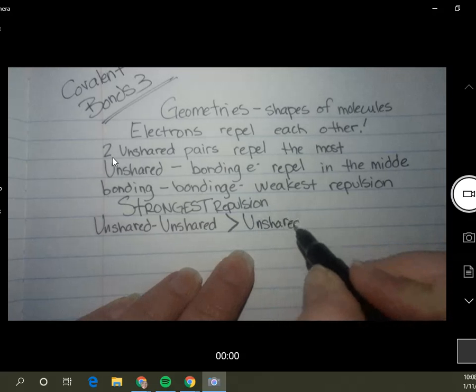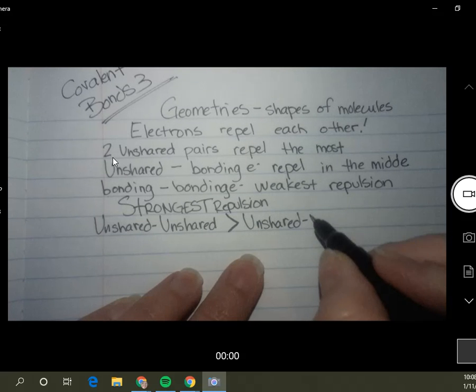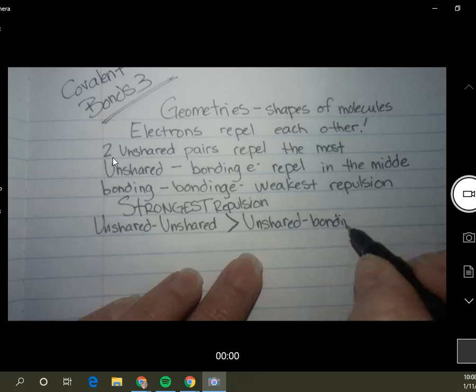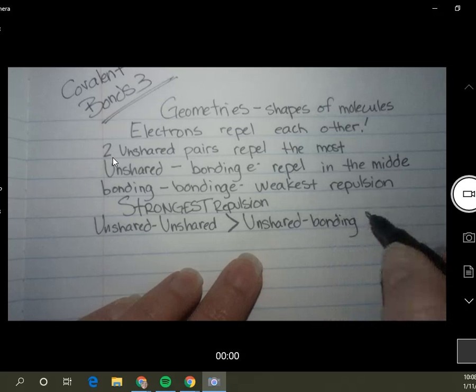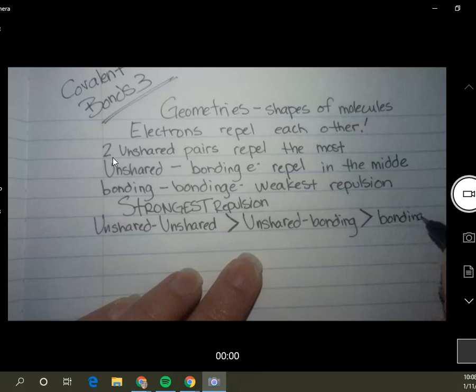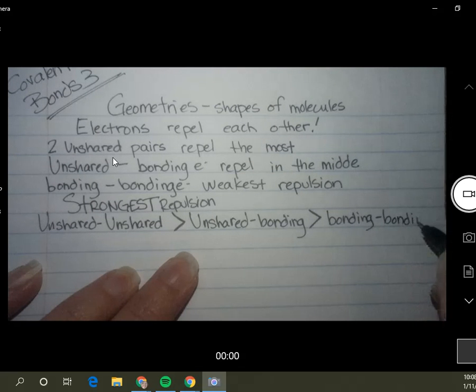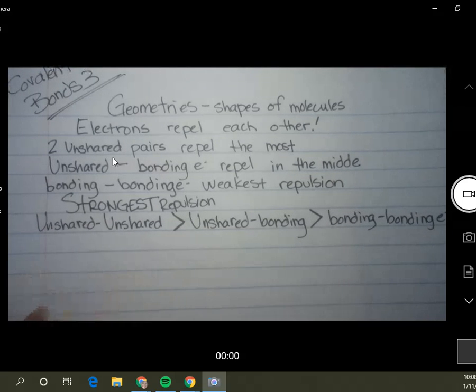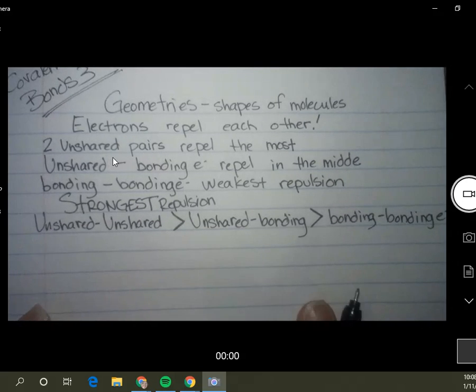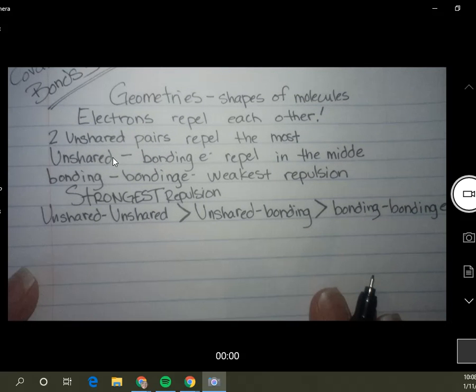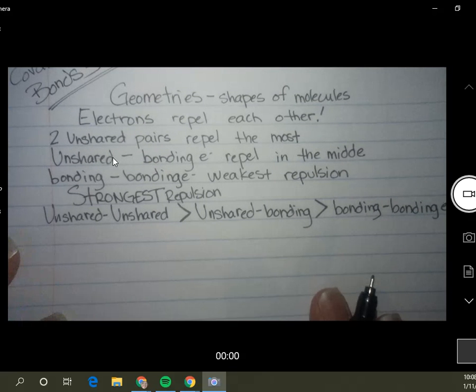And this is going to make a lot of difference when we talk about these geometries. Unshared to bonding in the middle. So just like we wrote, even though it wasn't the best English. And then the weakest repulsion is bonding to bonding electrons. So we'll go through those as we move along through these different shapes and geometries.